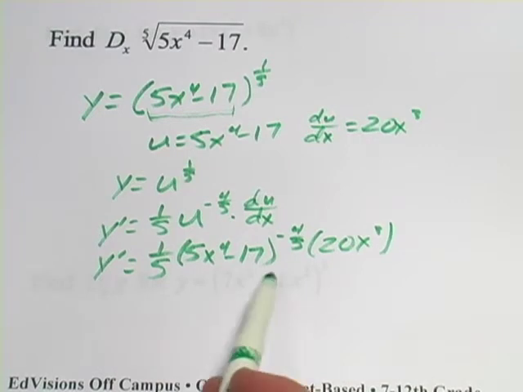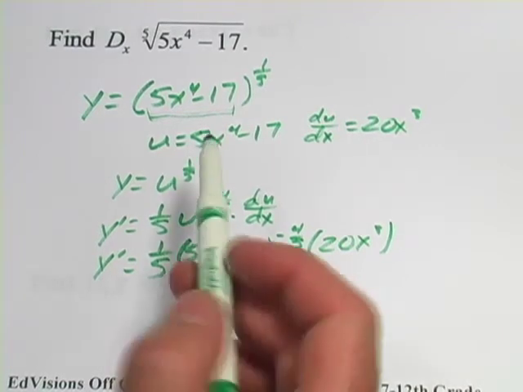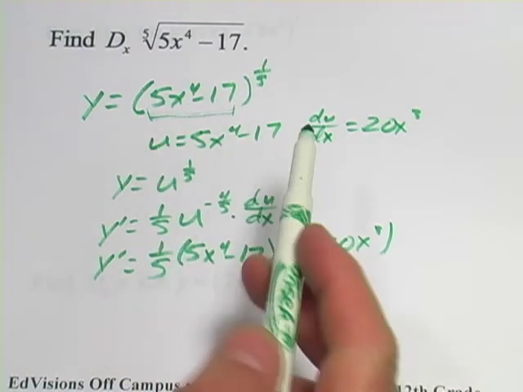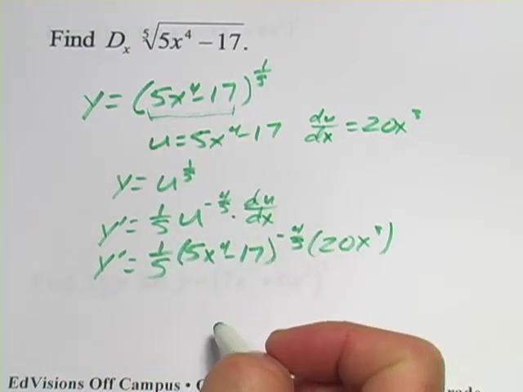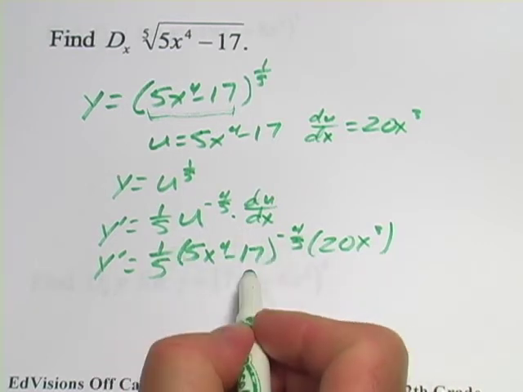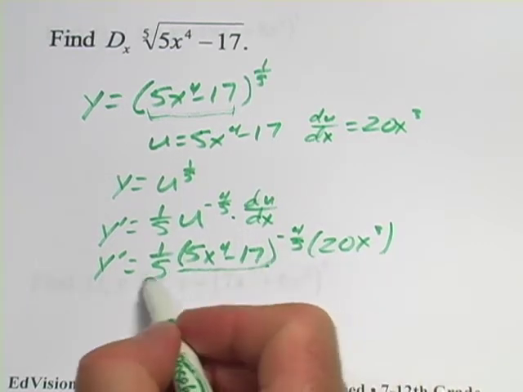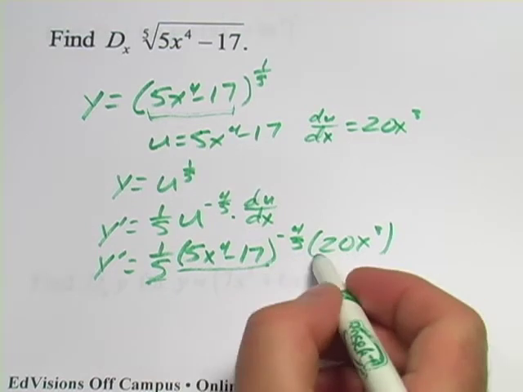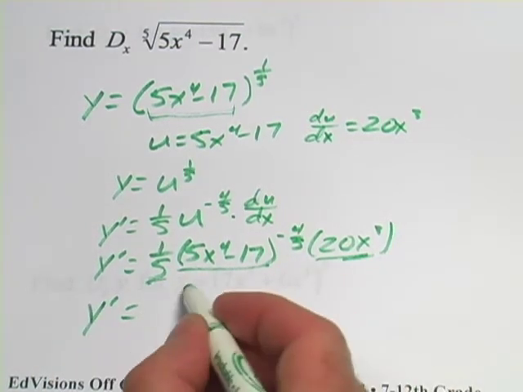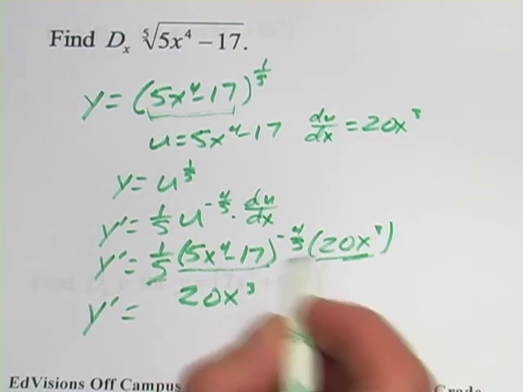Now, this is a correct answer as we have it written here, but since the problem originally gave it in this form with a radical sign, I think we should put it back into that form. And if you look at this, we have a negative exponent, so this part is actually going to be on the bottom of a fraction. This is what would remain on the top of the fraction. So I can rewrite this as 20x to the 3rd on top.